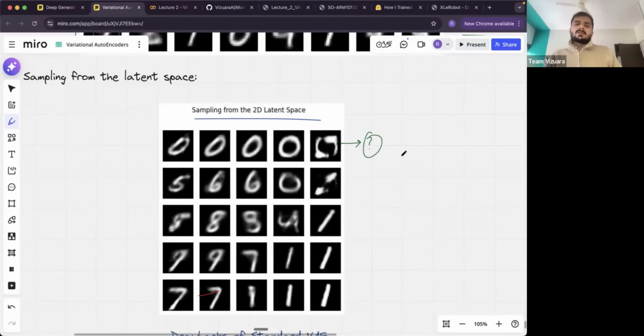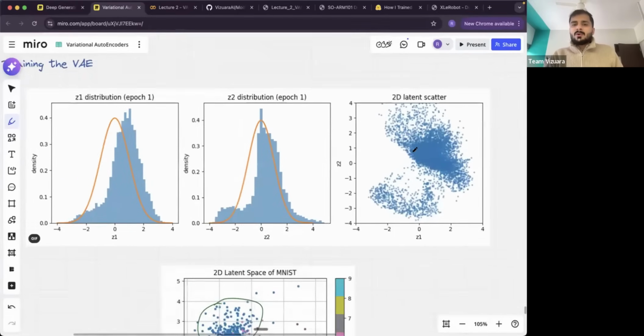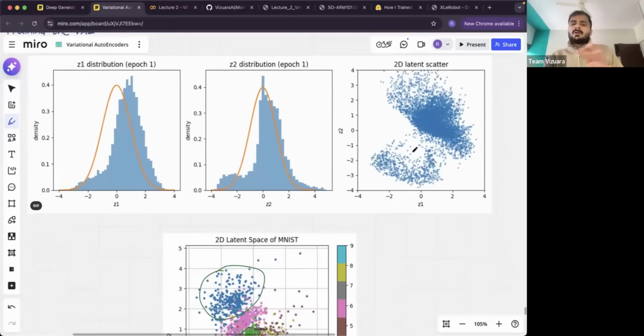And this was the first goal that we started out with in the deep generative model lectures: that we don't have access to the true distribution. We only have access to the data samples. So we want to create a model which can predict the true distribution so that we can sample from it. The way we do that is that first we encode the samples and then we decode them. So that becomes our method for generating new samples.